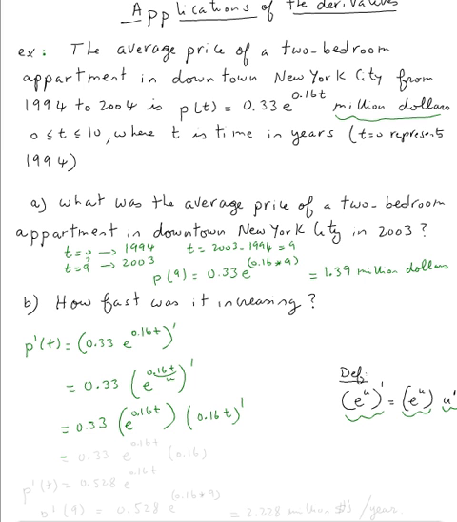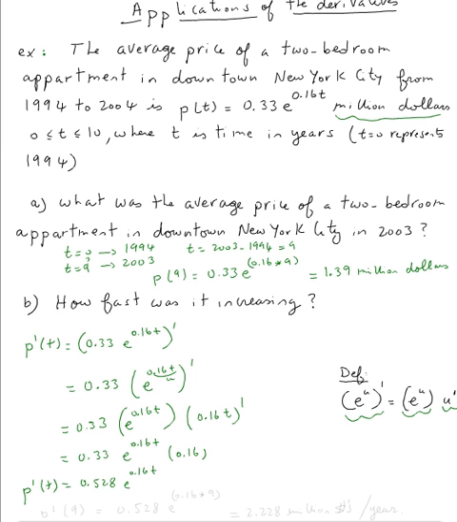This is going to be equal to 0.33 e to the 0.16 t times the derivative of 0.16 t, which is 0.16. Now this is still P prime of t. I'm just going to multiply 0.33 by 0.16, and I'll get 0.0528 e to the 0.16 t.